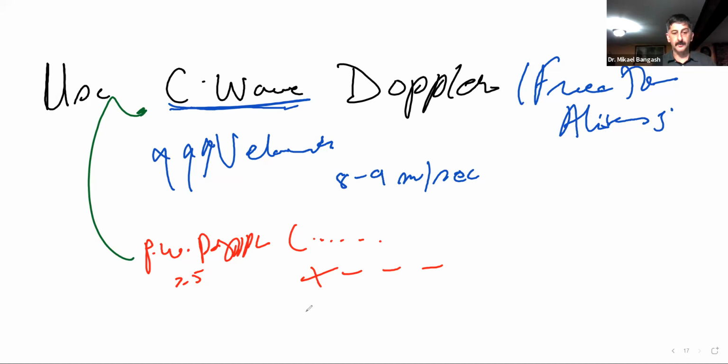We could do that by increasing the PRF. We could do a baseline shift, even though we're using pulsed wave Doppler, and then get rid of aliasing.